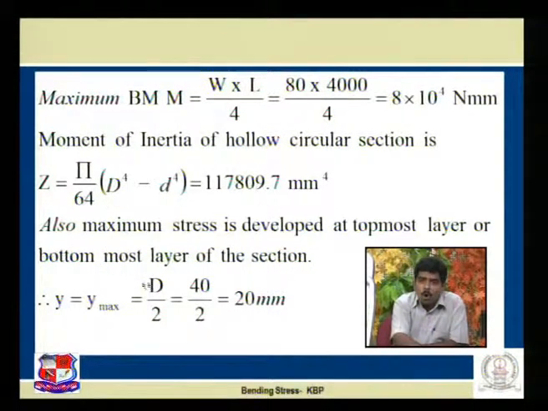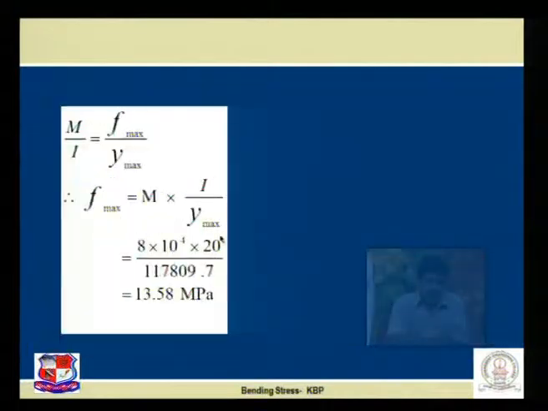Now putting all these values in this equation, we put the value of M and the value of I by Y max, and we get 13.58 megapascal. This is the value of maximum bending stress developed at the topmost or bottommost layer of the section.